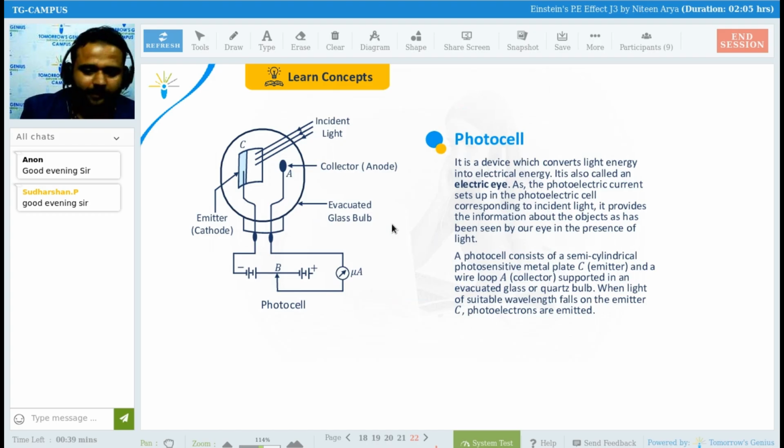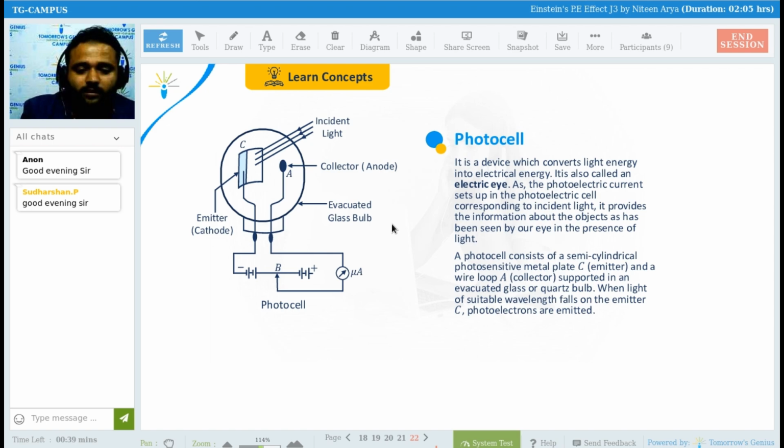Now it is based on the PE effect. A photon interacts with a photosensitive material, and the light energy is converted into electrical energy, which we make use of.